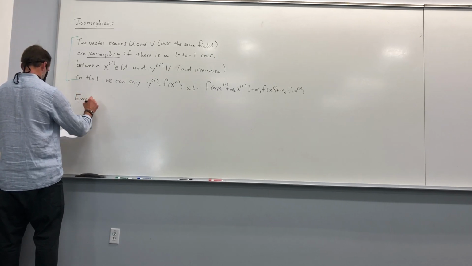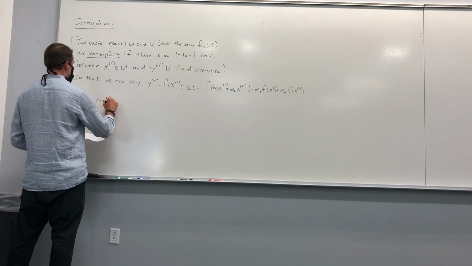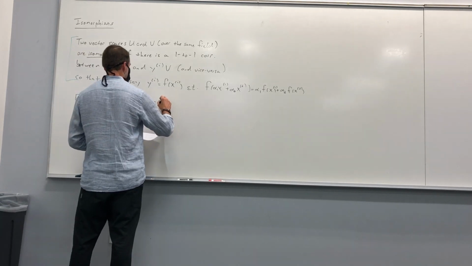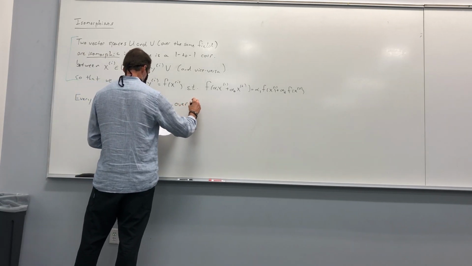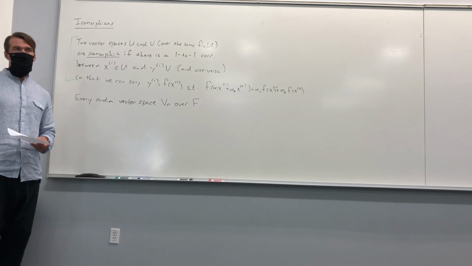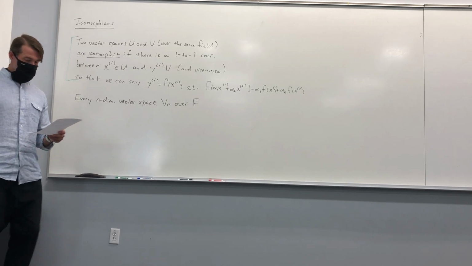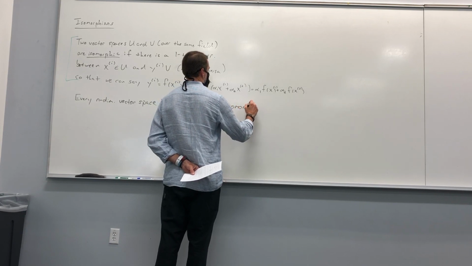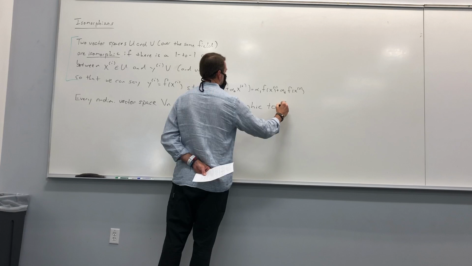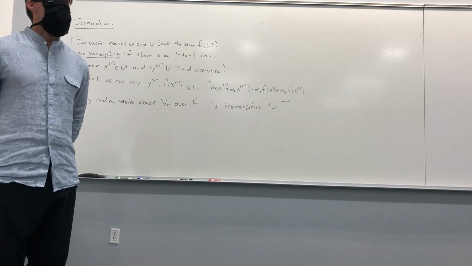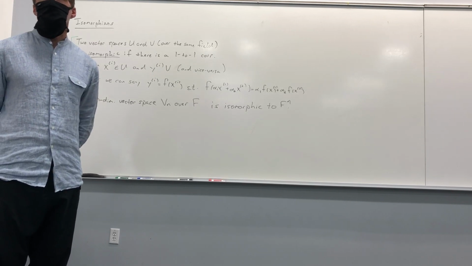Every n-dimensional vector space Vn over a field F, every single vector space that has dimension n over a field F, is isomorphic to the n-tuples with elements of the field.